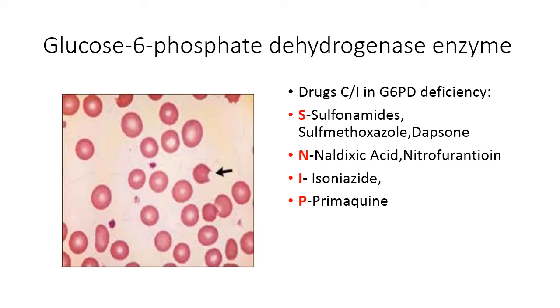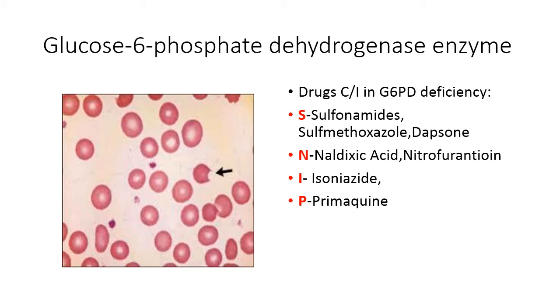P is for isoniazid, that is an antitubercular drug, and primaquine, that is used to prevent the relapse of malaria. If this enzyme is deficient, these drugs may precipitate hemolytic anemia. That's why before prescribing primaquine, it is mandatory to screen for glucose 6-phosphate dehydrogenase deficiency.